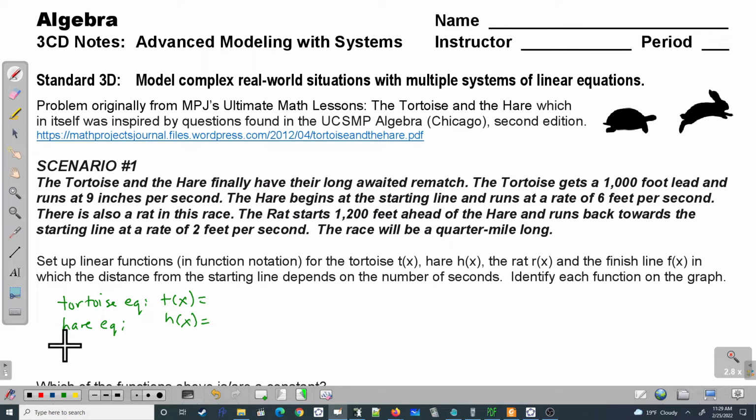We're going to need a rat equation, which we're going to call r of x. And as goofy as it sounds, we're asking you to come up with a finish line equation, which we're going to call f of x. All 4 of these I would like to use slope-intercept form to write them.